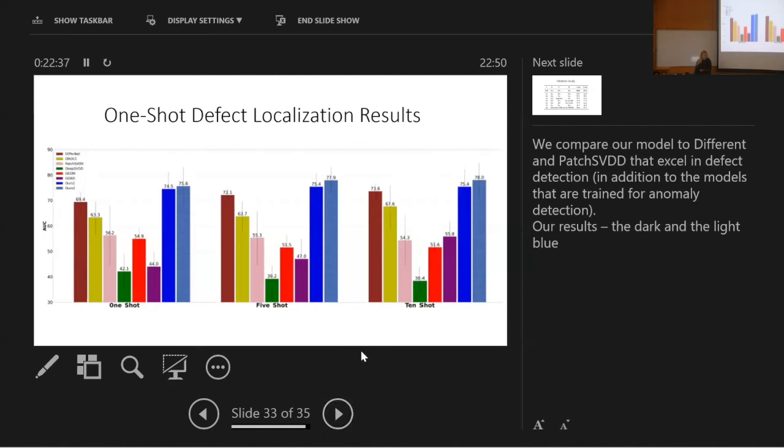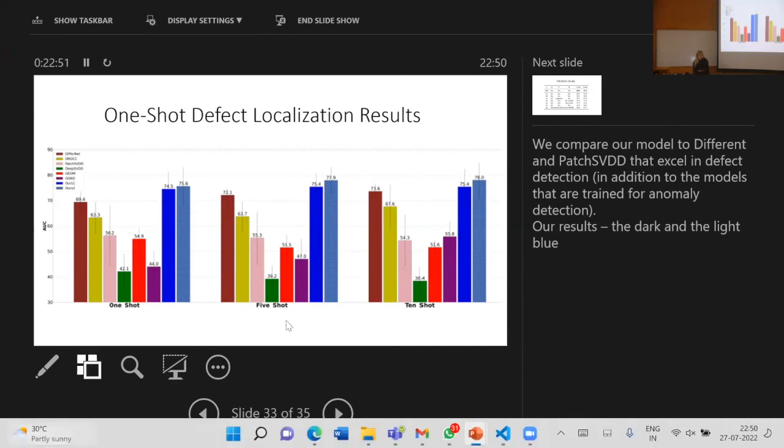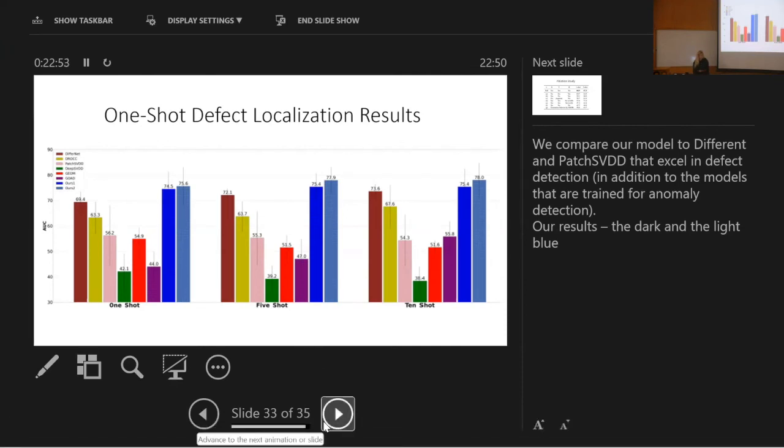We compare our model to multiple baselines on a defect detection dataset called Defect, and our model is in light blue and dark blue. One of the previous works in this area was a model called Different, which was also published about defect localization.